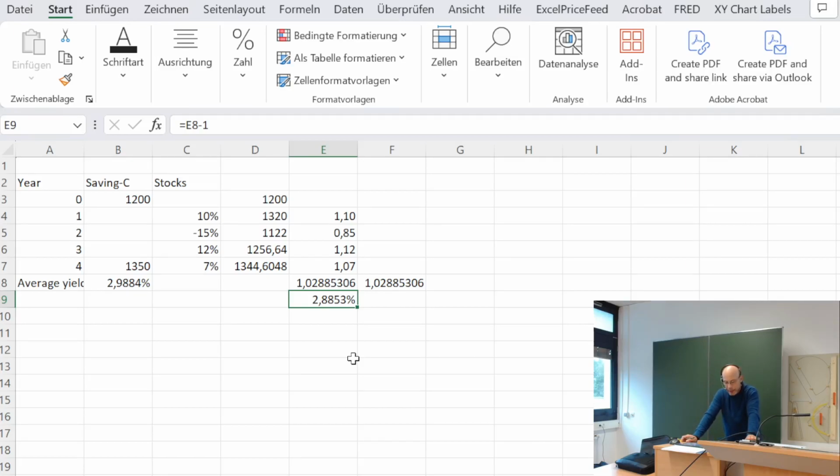Is it surprising that this number is lower than this number? Would you expect that the yield of the stocks is lower than the average yield of our savings investment?